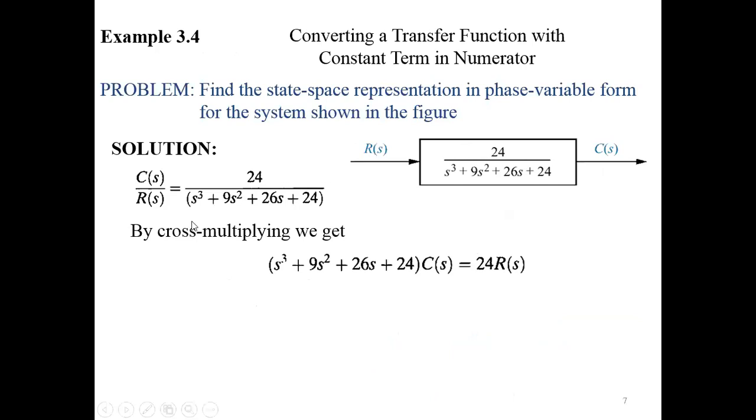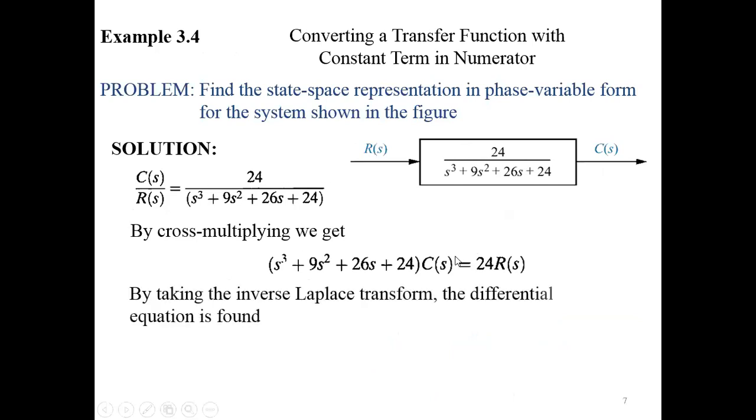By cross multiplying we get this. Now we'll take the inverse Laplace transform to get the differential equation. This is our third order derivative, next second order, and this s is the first order derivative. This constant term will be equal to 24r.